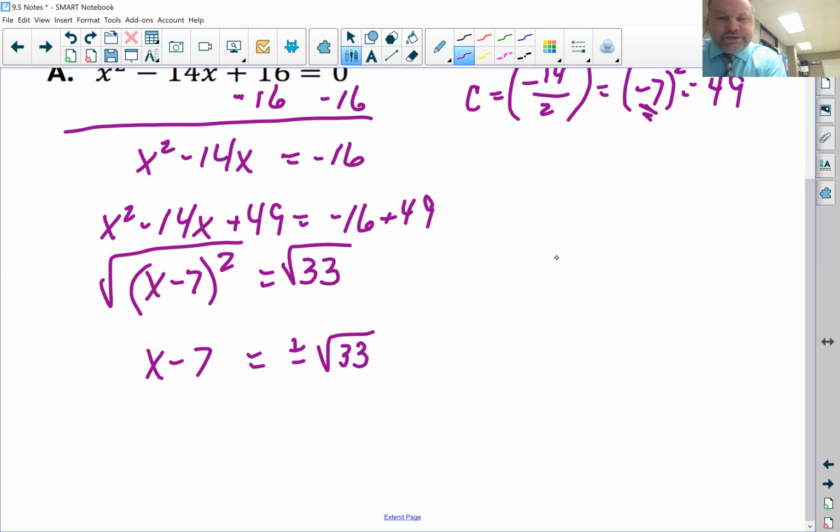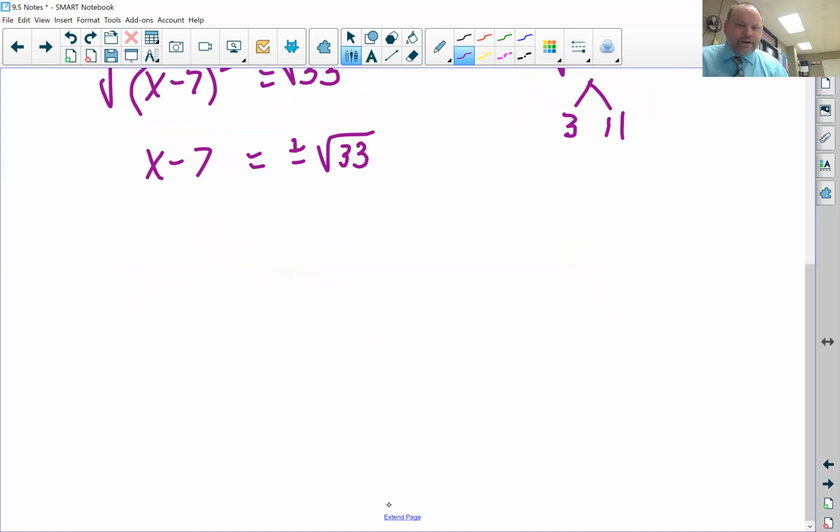And you could check to see, does 33 break down? It's not even, so 2 will not divide into it, but 3 will. 3 goes into 33 11 times. 11 is a prime number, so we don't have any pairs of factors that we can take out of the square root.